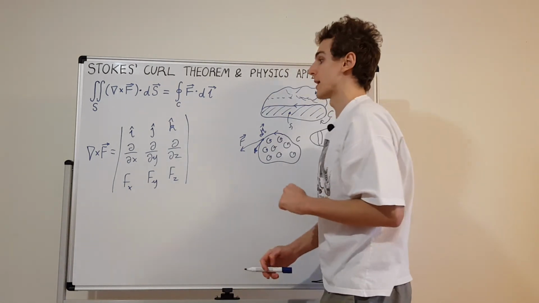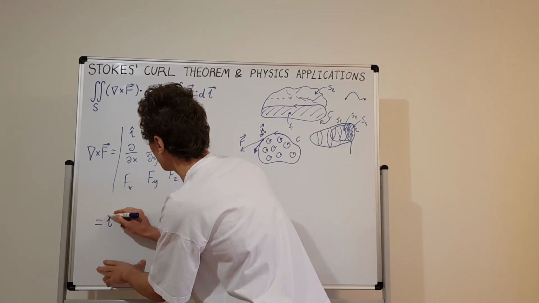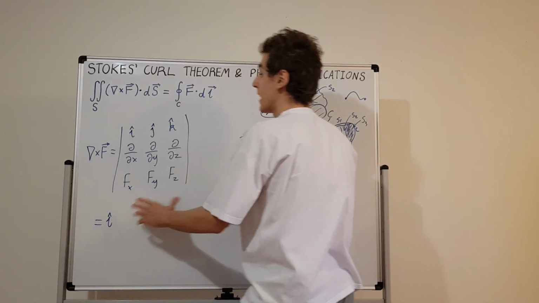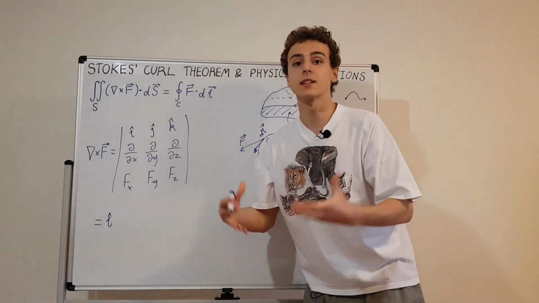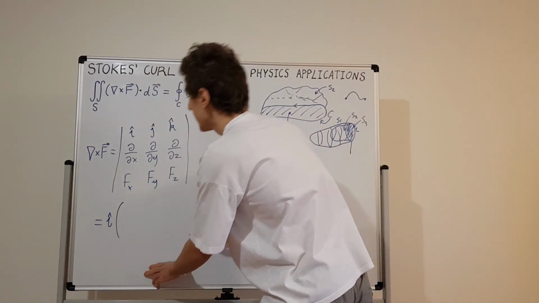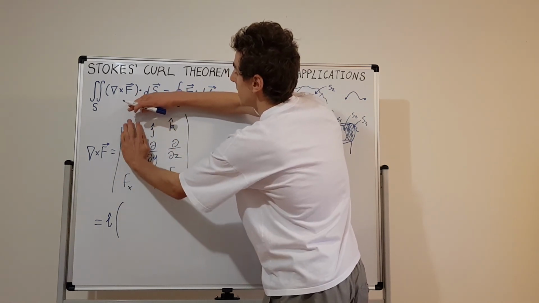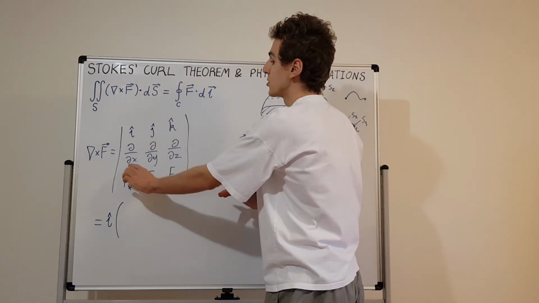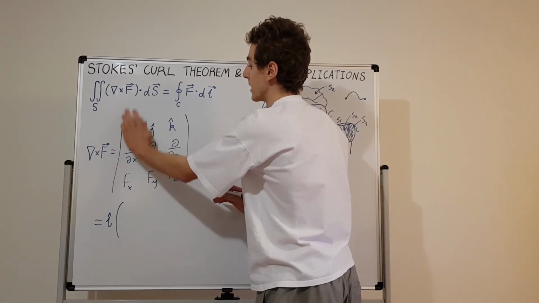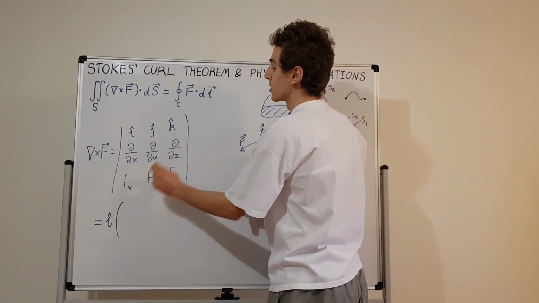Okay, let's do that. First of all, i hat. What's i hat going to be multiplied by? Or what's the x component of the curl? Well, I'll write some brackets. We're going to have to block out all of these guys, so there's not going to be any x's appearing in here. We're going to have this guy multiplying this guy, and this guy multiplying this guy, right?